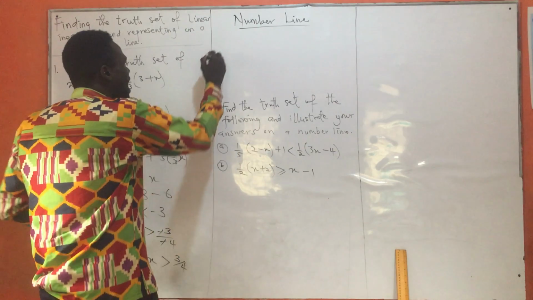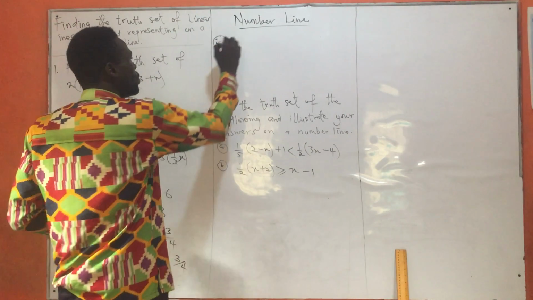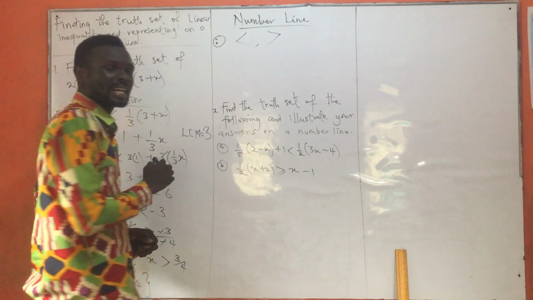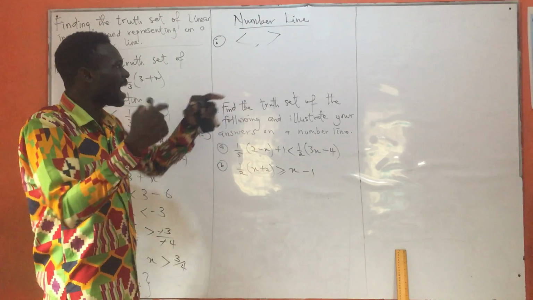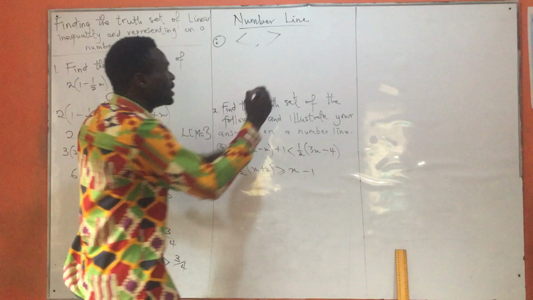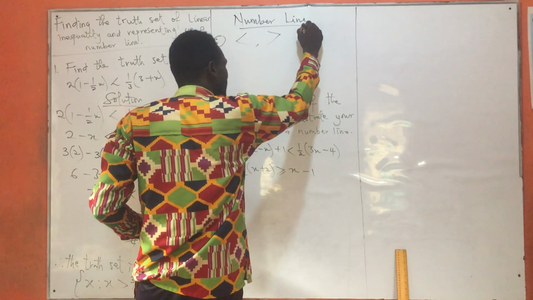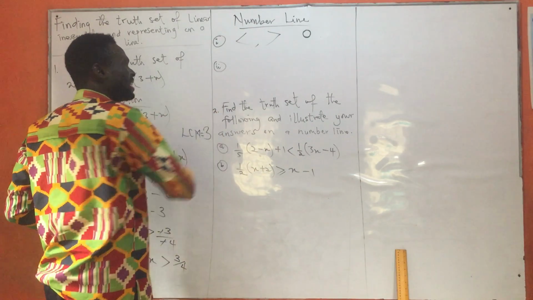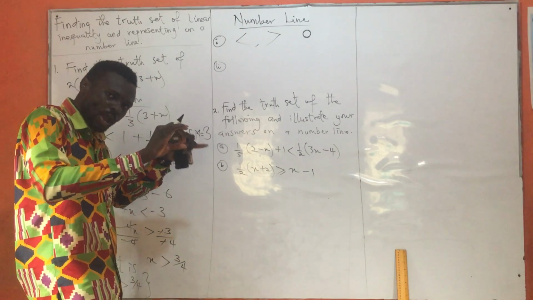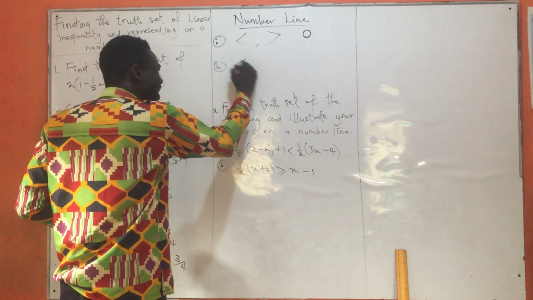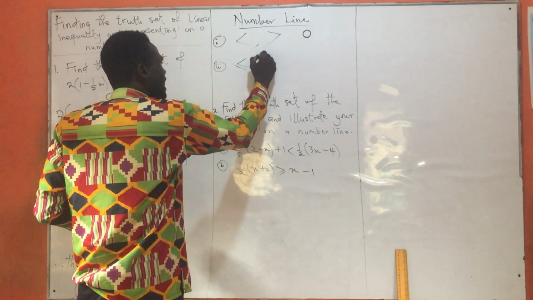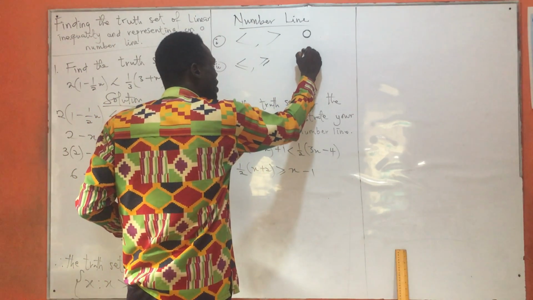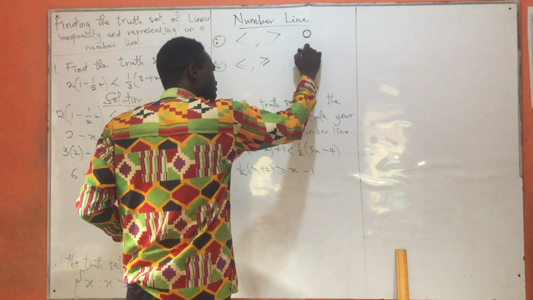So if you have an expression whereby we have the less than or the greater than, the number that we have with this sign takes a circle or a ring on top of it. But if the expression we are working with happens to have the less than or equal to and the greater than or equal to sign, then it is going to take a ring being shaded.